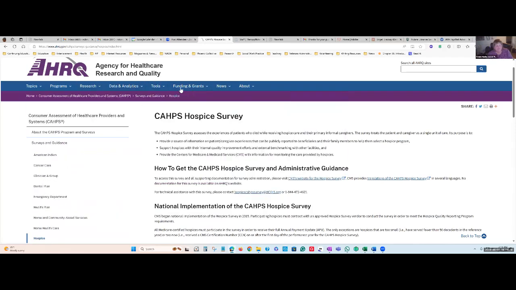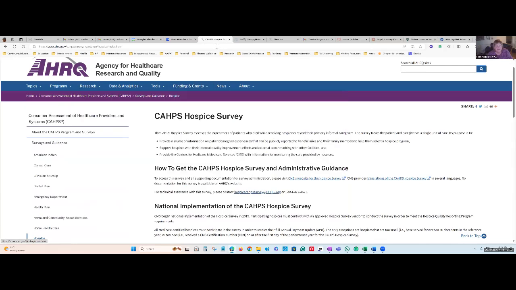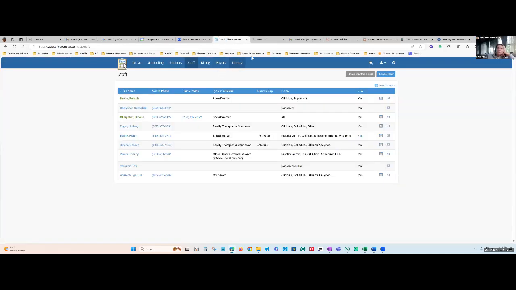They also have a site here for funding and grants, which has been helpful to me in the past, because most of them are listed under Federal Register notices. All the grants that the government publishes have to be published there. So anyway, that is that one.